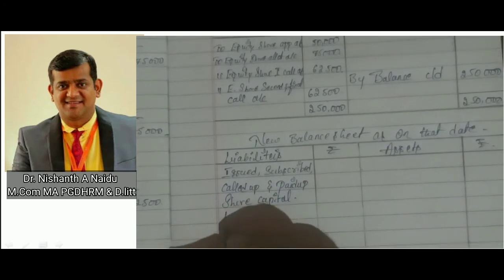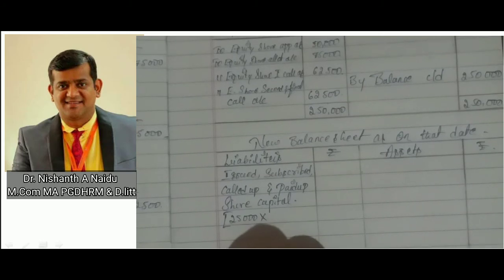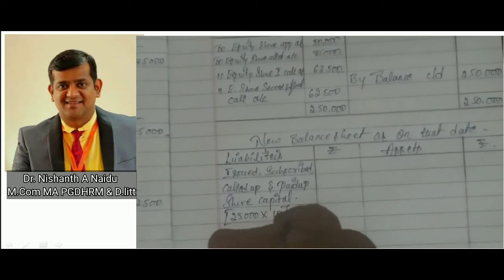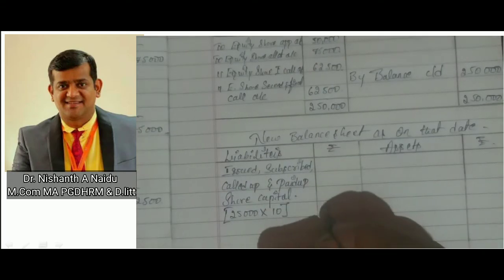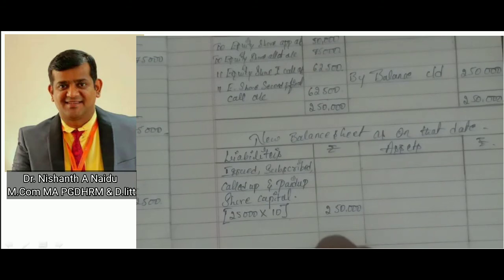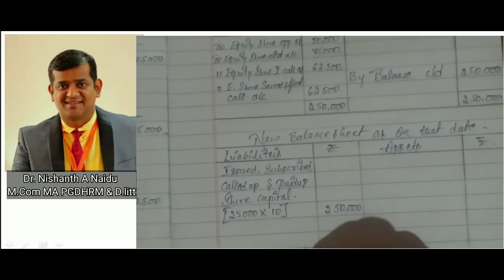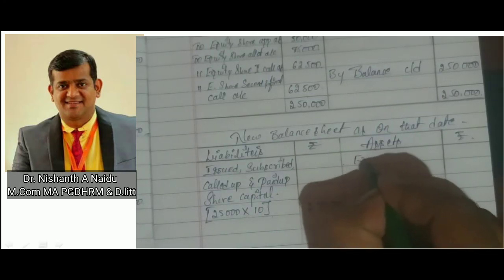So how many equity shares have been issued by the company? 25,000 equity shares of rupees, how much each? 10 each. So 25,000 into 10, that comes to 2,50,000 rupees.